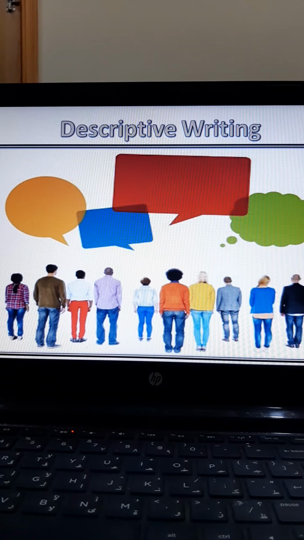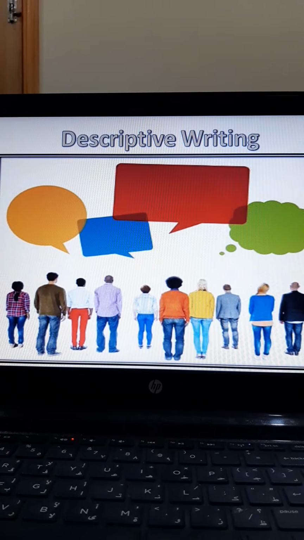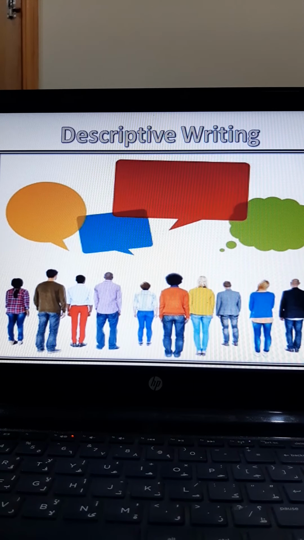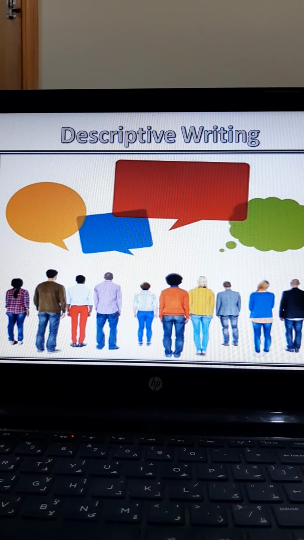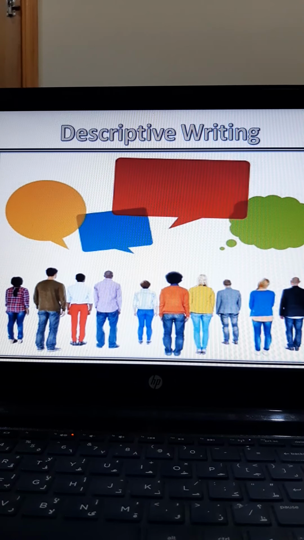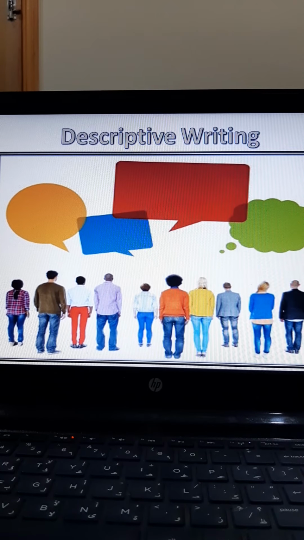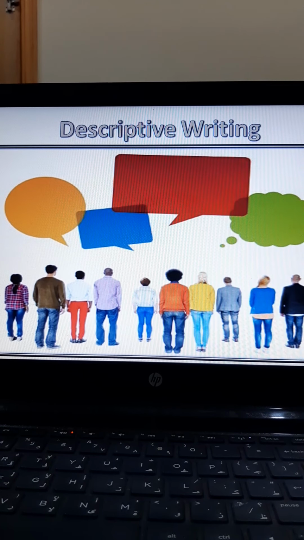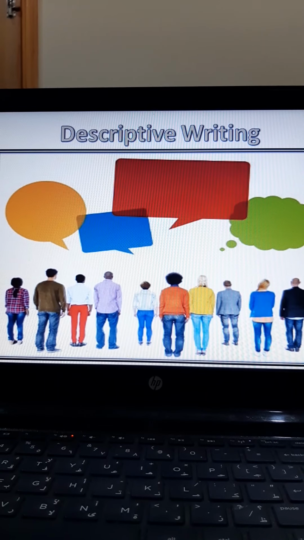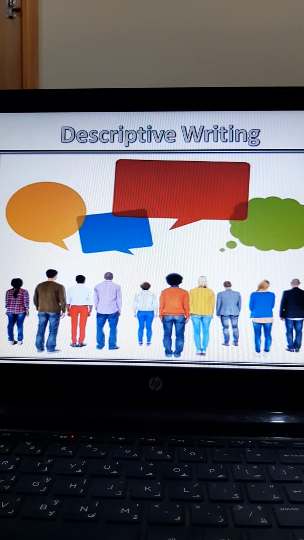Elaborating an event through descriptive writing involves paying close attention to the details by using all of your five senses. Descriptive writing has a unique power and appeal as it evokes sight, smell, texture, taste, and hearing, both of the writer and the reader.